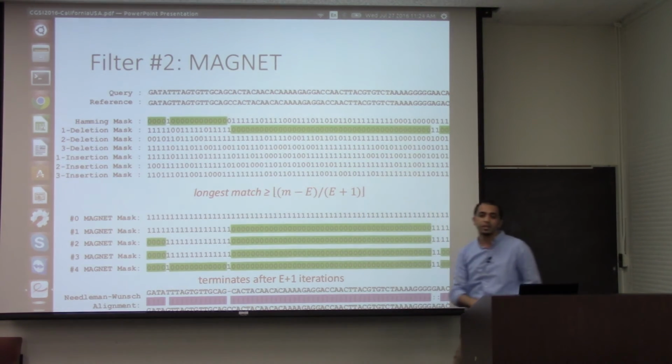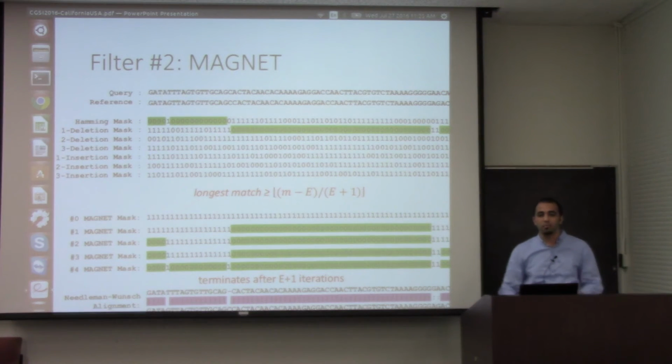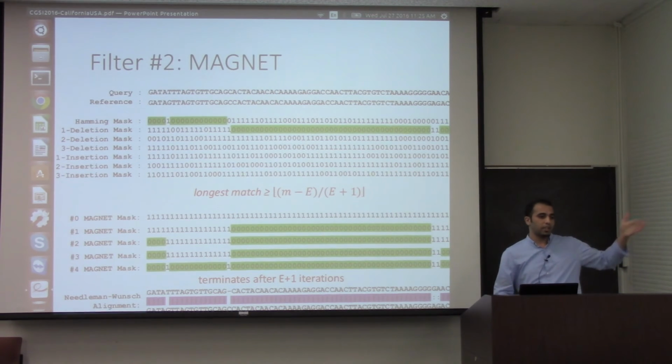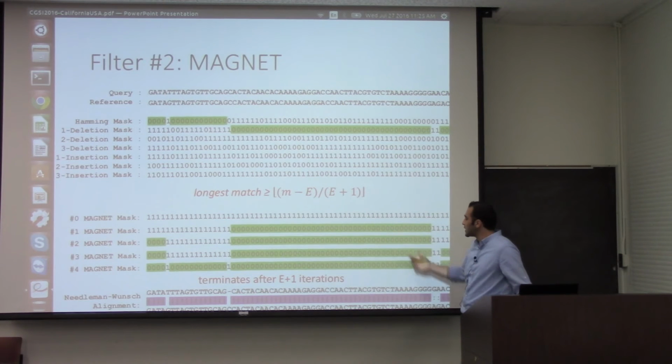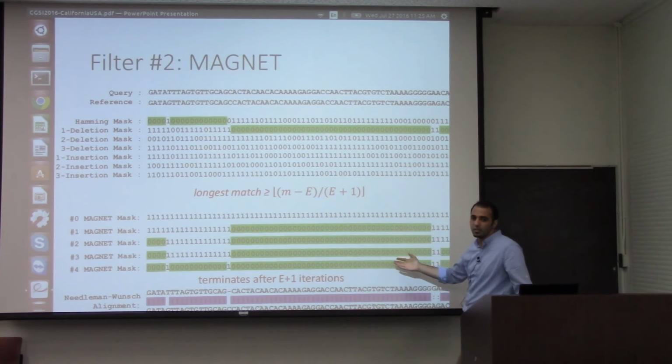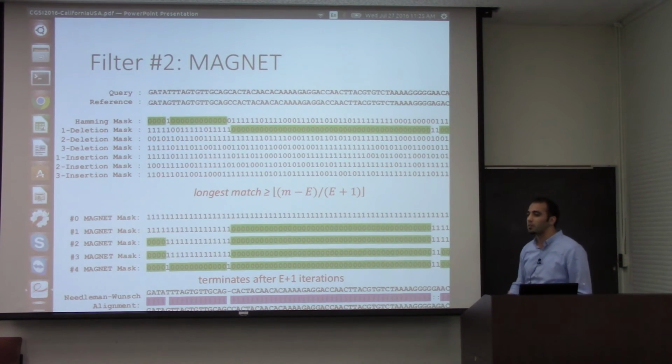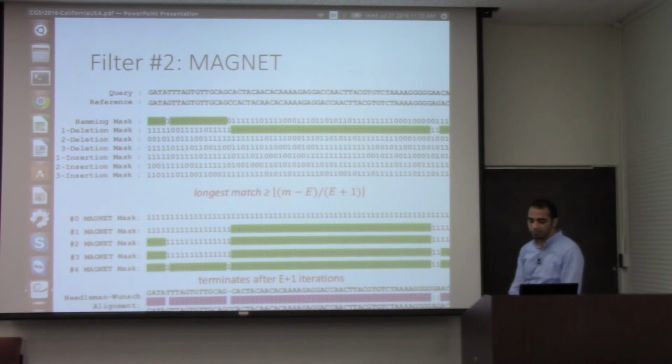This equation, we got it when we have a sequence with a bunch of mismatches distributed equally among this read, which divides the sequence into equal length segments. So at the end, when you get each mismatch here, you will have the number of mismatches transparently in the magnet mask, and then you can just do sequential scanning and come up with the number of mismatches exactly.